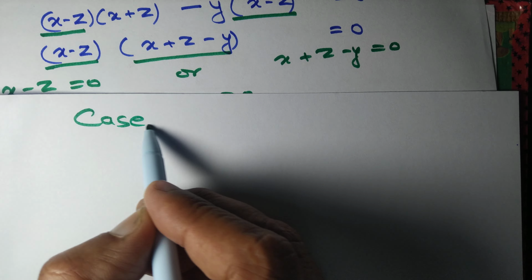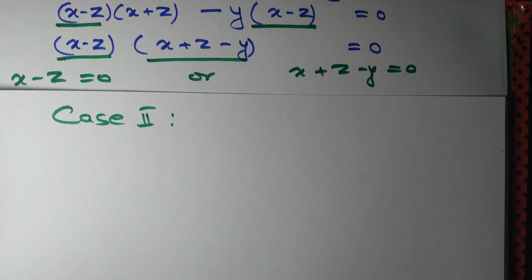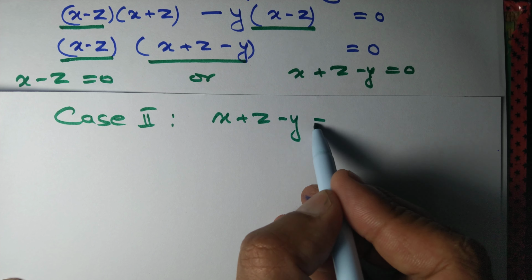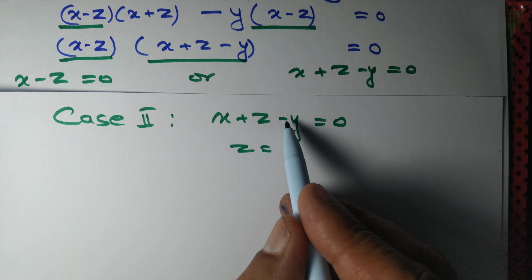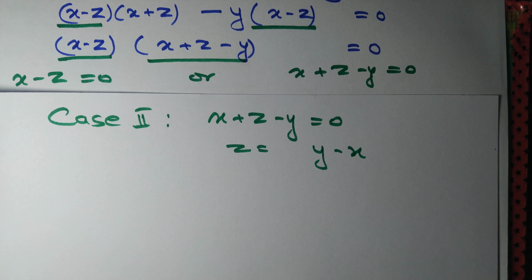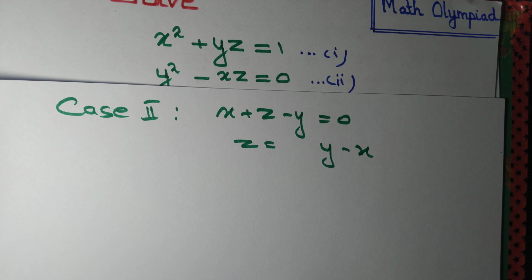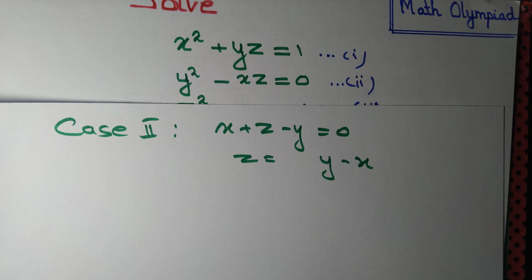Case 2. X plus z minus y equal to 0. That means z equal to y minus x. Let's write the value of z in equations 1 and 2.